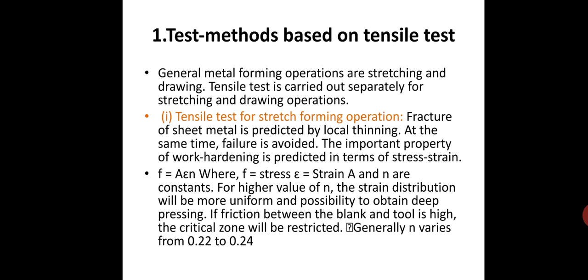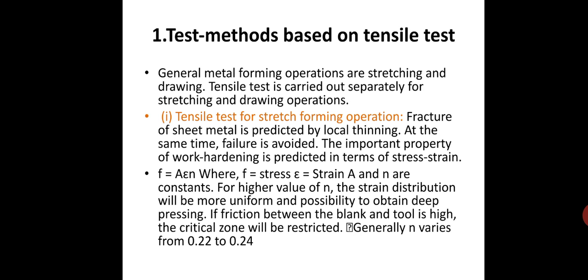Here the stress is equal to A times strain to the power n, where A and n are constants, e is strain, and f is the stress. Generally, if the friction between the blank and the tool is high, the critical zone will be restricted. The value of n varies from 0.22 to 0.24.